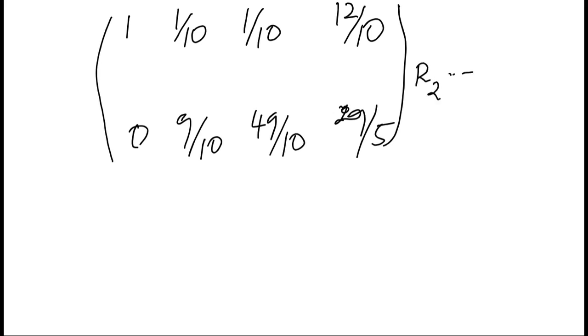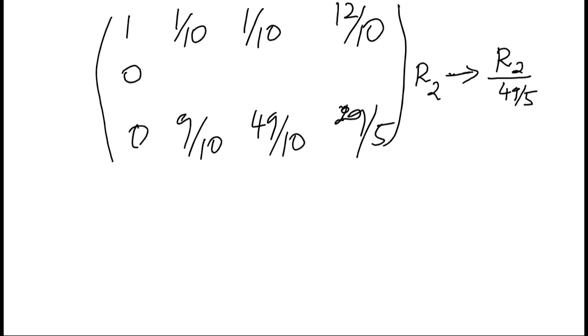Because my aim is to reduce the second diagonal element to 1, I'm going to divide R2 by 49 by 5.